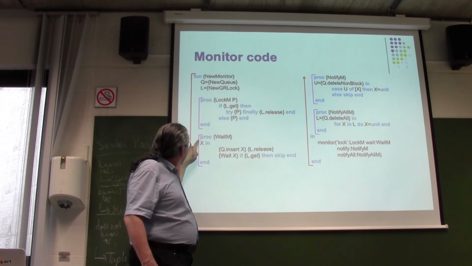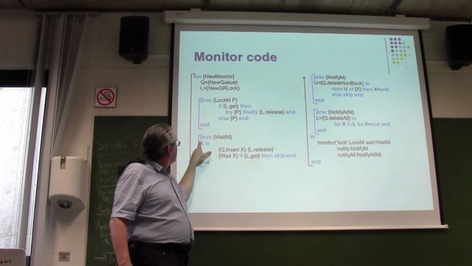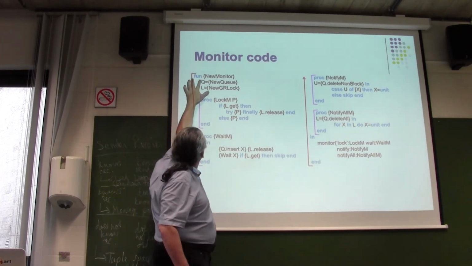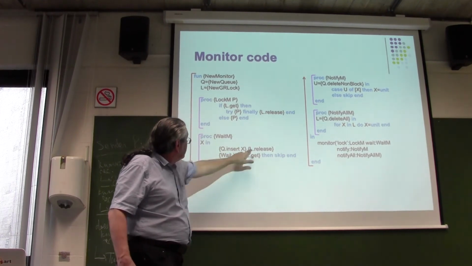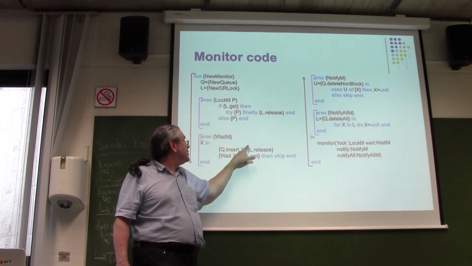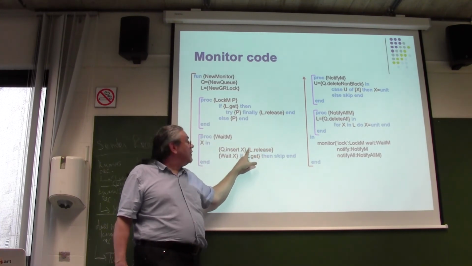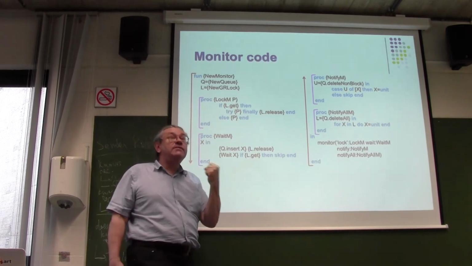The wait M: I create a new unbound variable, x, and I put it in the queue. Q is a new queue that I created, and I insert x. And then I release the lock, which is the semantics of the wait. Notice this is using the get and release. I know I'm in the lock here, since the wait is executed inside.